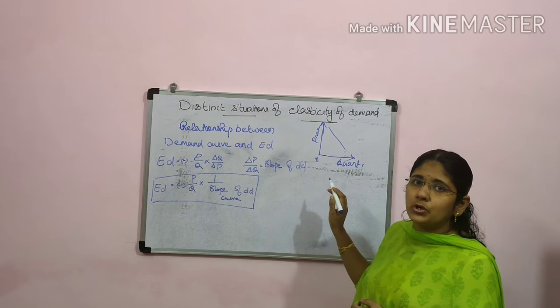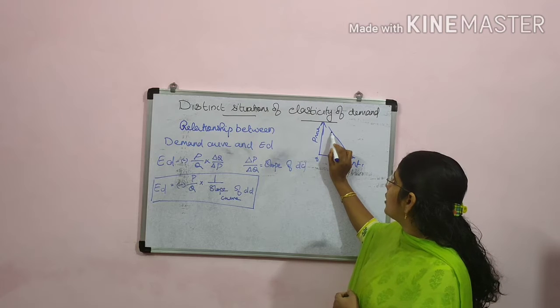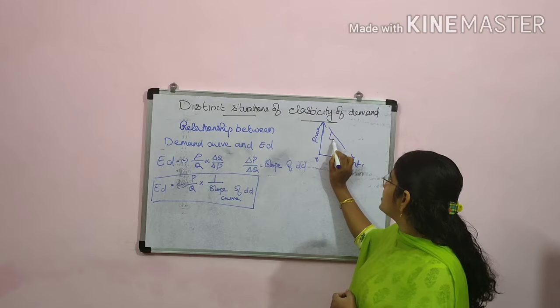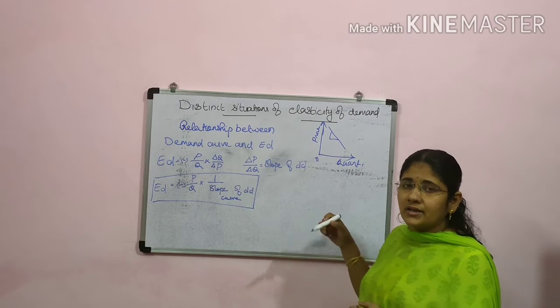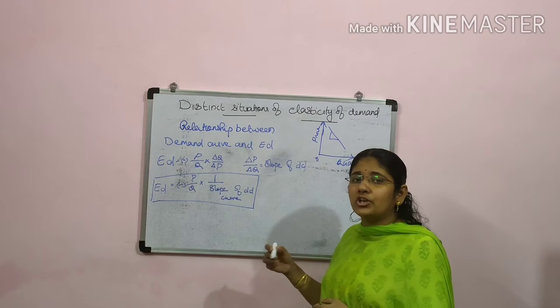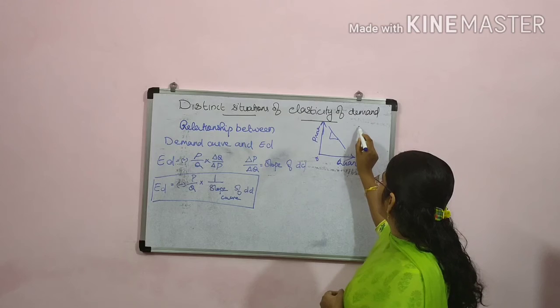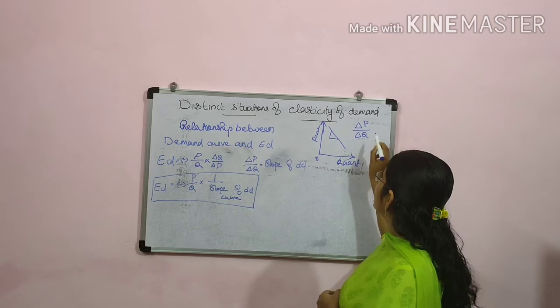Then I told you, students, that when we discuss the slope, it means as a result of a change in price, how much the quantity of the commodity changes. So we can say the slope is change in price upon change in quantity.